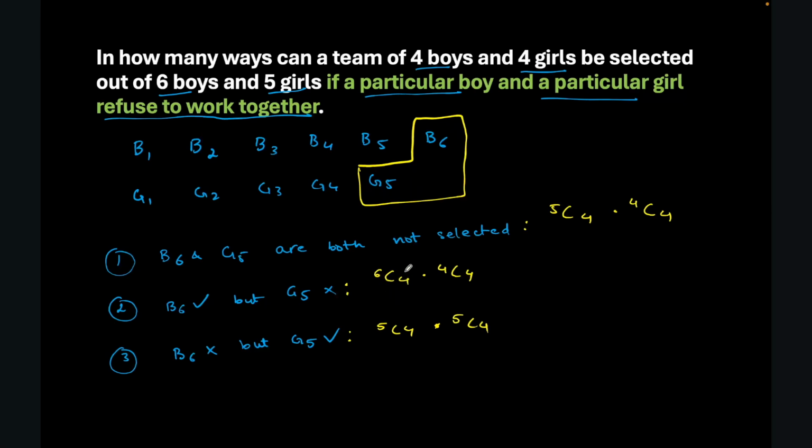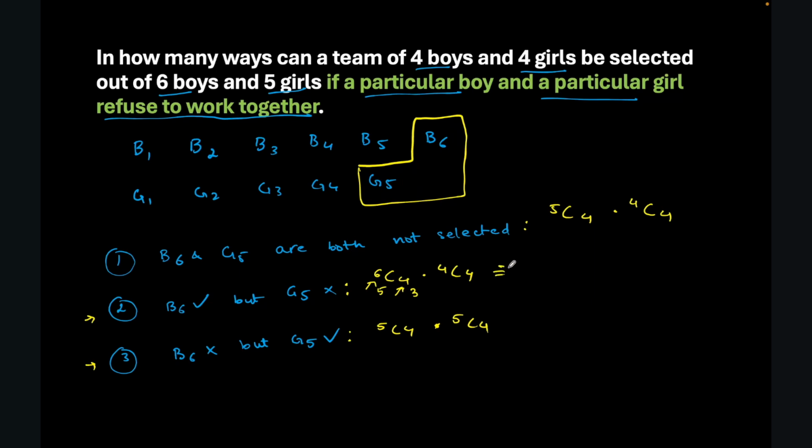Now, if this is what you have done, think about it just for a second. There's a slight error in this, okay? The error is the second and third case. In the second situation, we've already claimed that boy 6 is selected. If boy 6 is selected, this can't be 4. It must be 3, and this has to be 5.